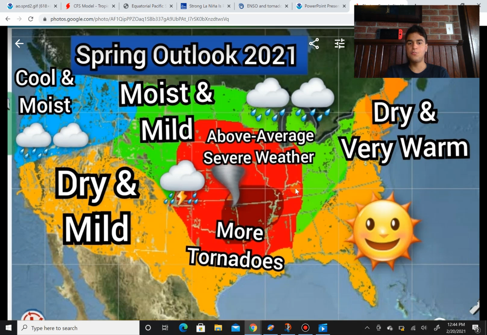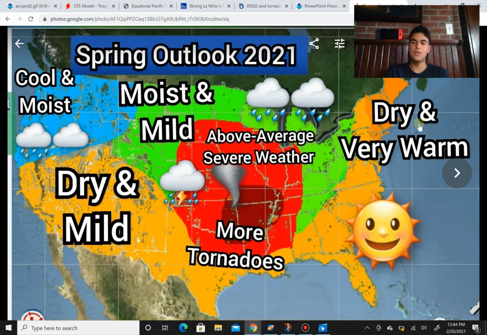So the jet stream dip won't be as pronounced to really reach the Northeast. So I do expect more dry and mild conditions throughout the United States, especially the southern United States and the Northeast.